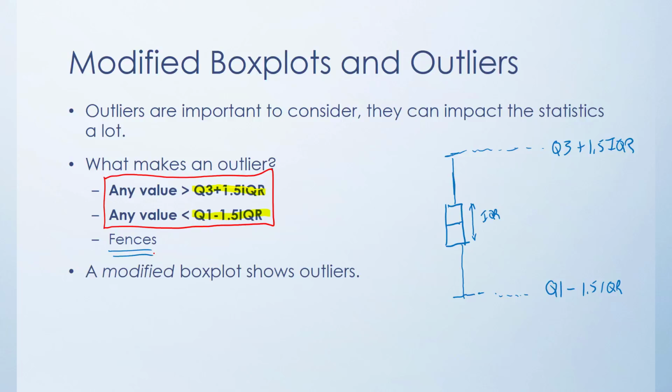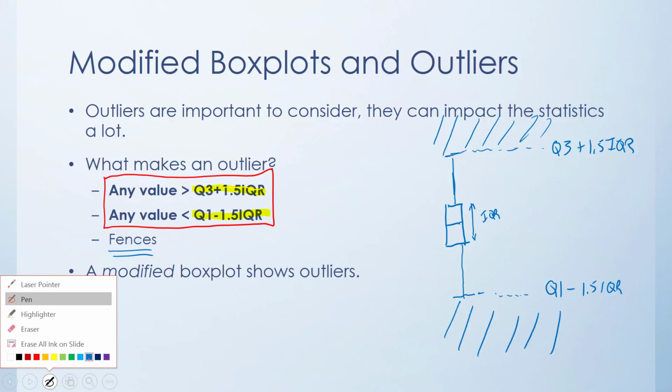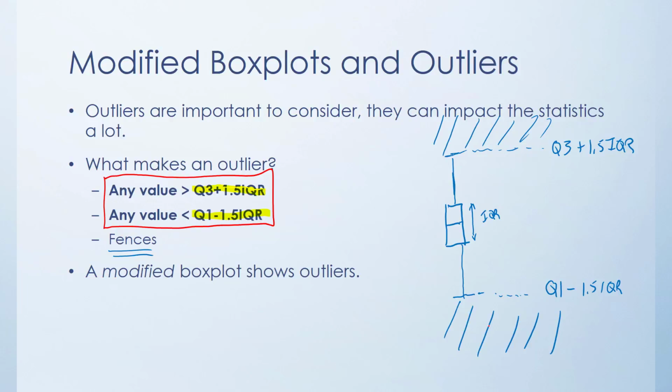Basically anything outside these fences on either side, those are outliers. So if you have a data point that falls further away from the quartiles than this distance, it's considered an outlier. Anything in the middle is not an outlier.